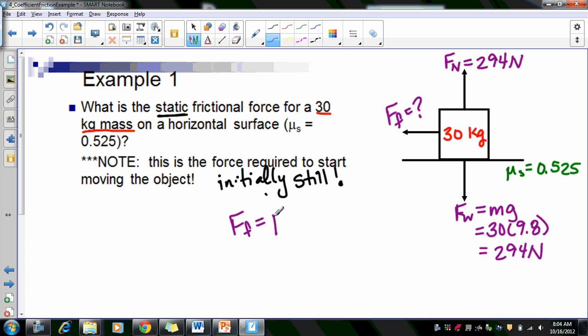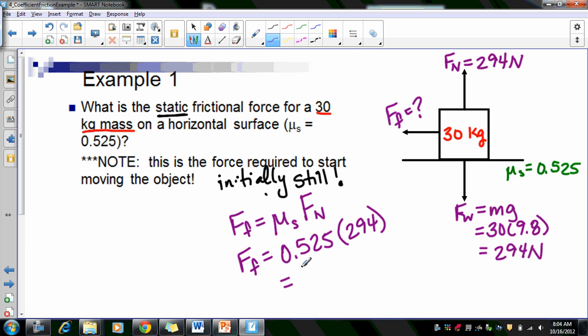Ff equals mu, and since it's static, it'd be mu s times Fn. And so our mu is 0.525. The normal force, 294. And so the frictional force will be 154.35 newtons.